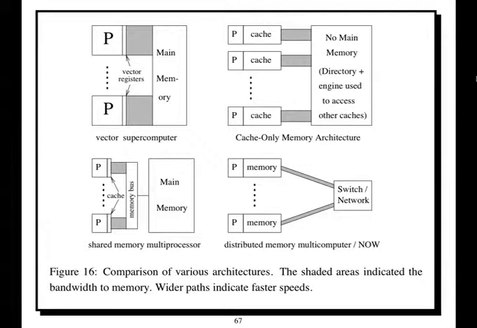There was a commercial version of this, Kendall Square Research, that I was fortunate to get to have in my own lab and use, and it's very interesting. So let's just say a little bit about how that works. The idea is that it's all cache. There is no main memory. Everybody's got a huge cache, and you're connected to this device, which is called a directory, which keeps track of where things are. So it's really a shared memory architecture.